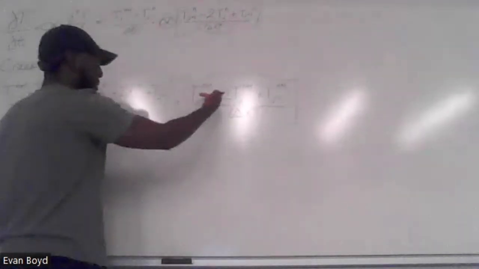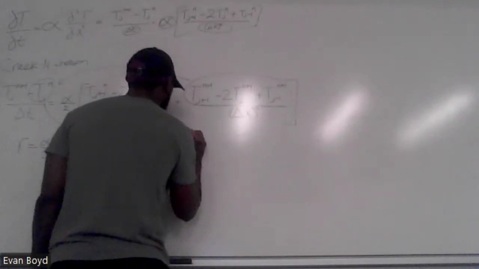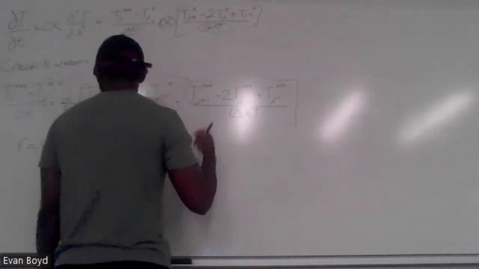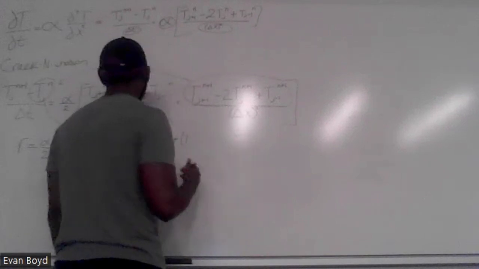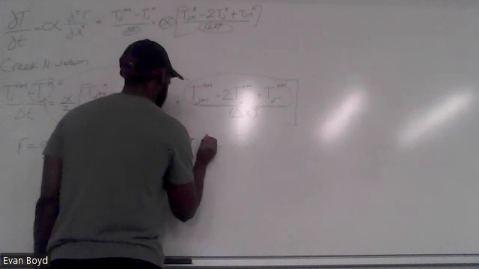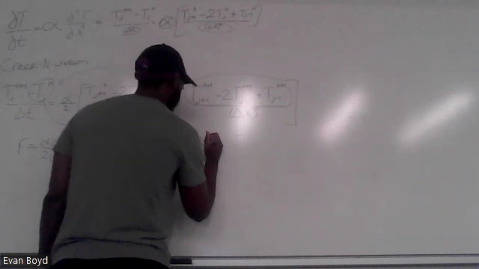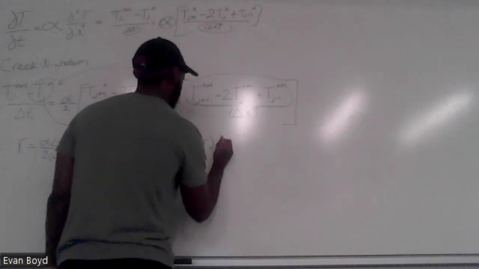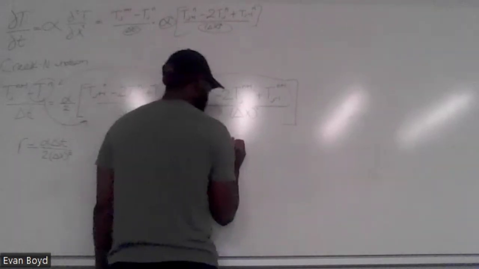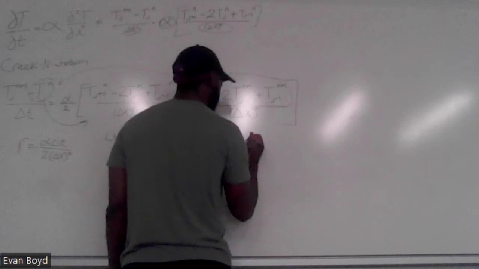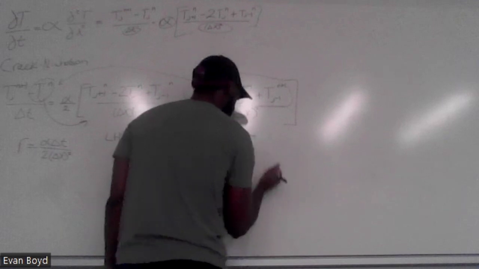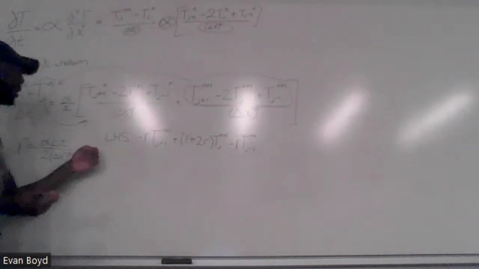Because it has R, remember, it gets multiplied by R. So this would be 1 for the left-hand side already of temperature at position J at time n+1, plus 2R at temperature at n+1 at position J, and then minus R at temperature at time n+1 at position J-1. Okay. This is what our left-hand side looks like.